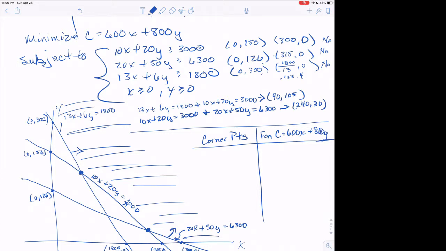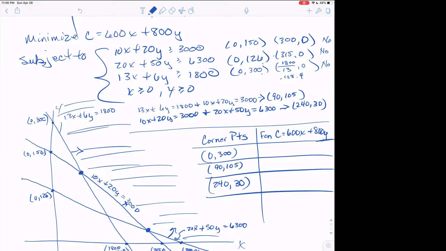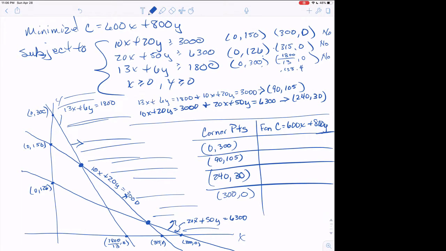So we're testing the points 0, 300, 90, 105, 240, 30, and 300, 0. And when we put these in, we get 240,000, and we're putting them into this function.